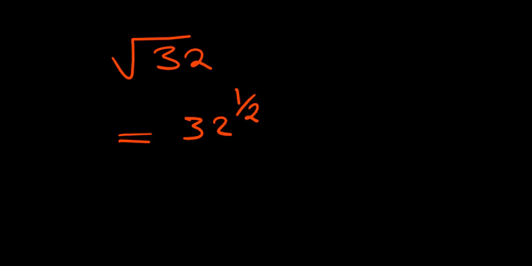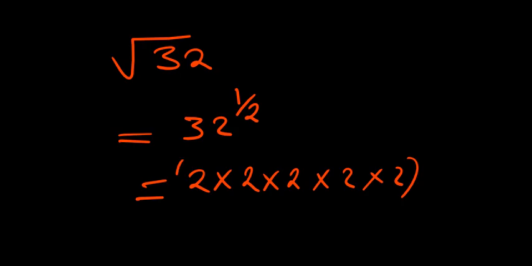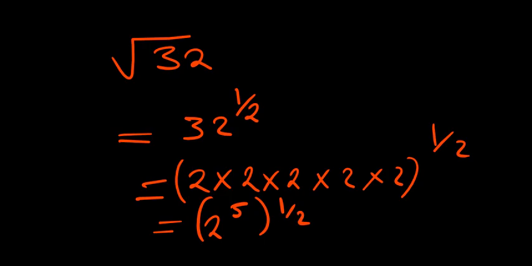Okay, so if you want to also continue simplifying it further, 32 can also be written as 2 times 2 times 2 times 2 times 2. So 32, when you multiply 2 by itself 5 times, it's going to give you 32. So that is 2 to the power 5. Then there's a half outside, don't forget.